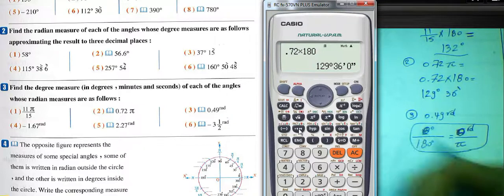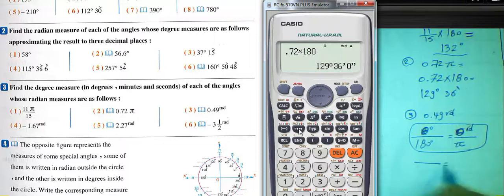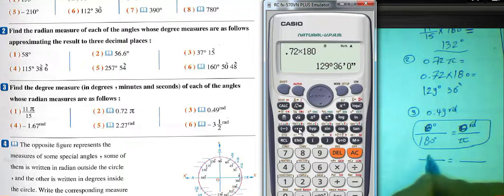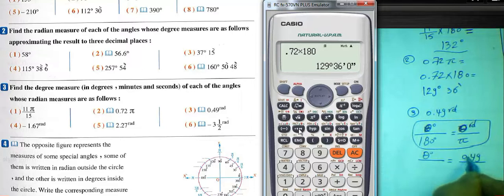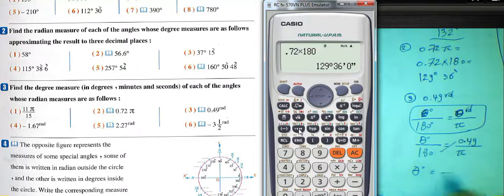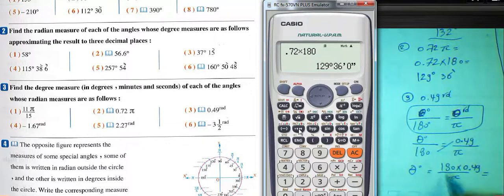This relation combines theta degree and theta radian, so you can put here theta radian as 0.49 radian. So theta degree will be 180 multiplied by 0.49 over pi, and then you can find the result by calculator.